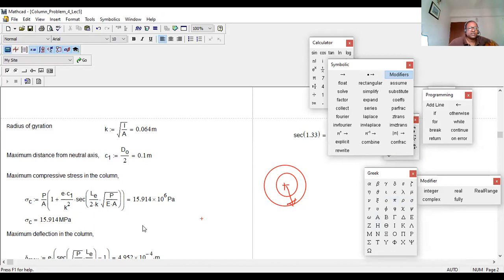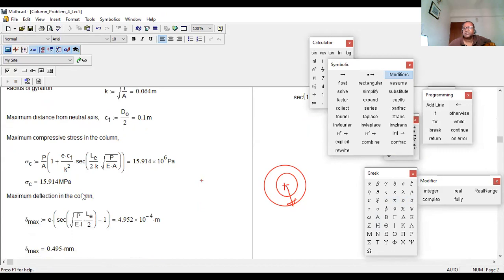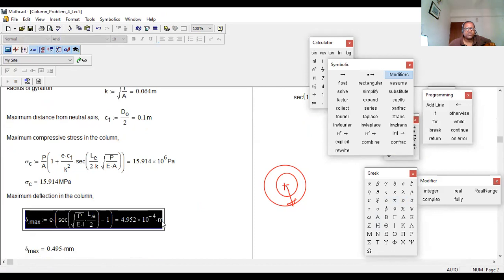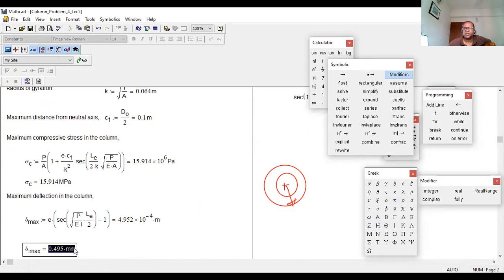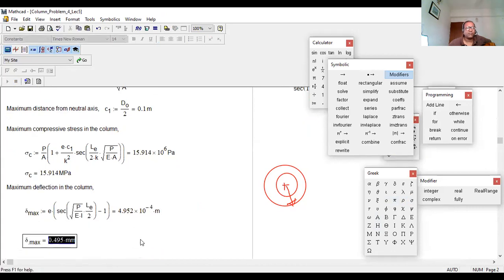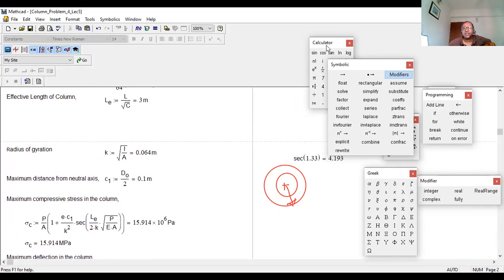This one automatically gives the value in megapascal. Similarly, we figure out the maximum deflection. I got in terms of meter minus 10 to the power 4, so you convert in millimeter. So 0.495 millimeter. Okay. So any question from this chapter on the column?